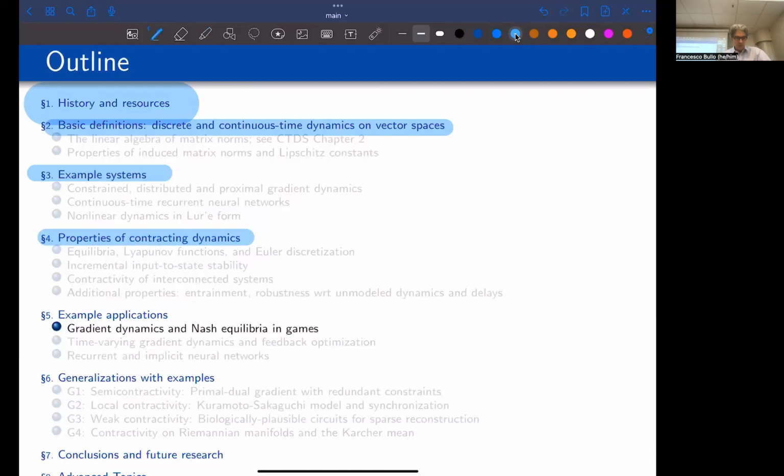We've, for example, studied the Euler discretization, right? We studied the incremental ISS. We studied and briefly mentioned entrainment, the network contraction theorems, all sorts of properties. The examples here were gradients, neural networks, the Lur'e model, right?